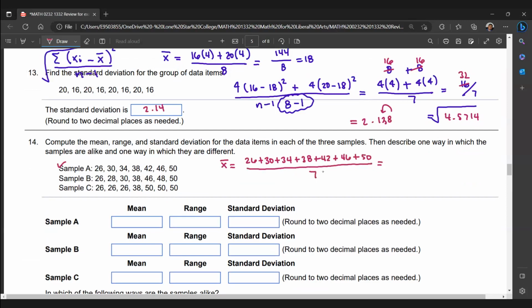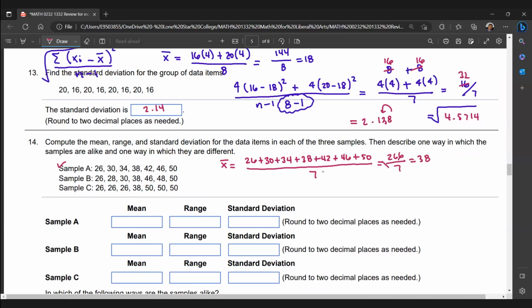26 plus 30 plus 34 plus 38 plus 42 plus 46 plus 50, that's 266, divided by 7, we get 38.